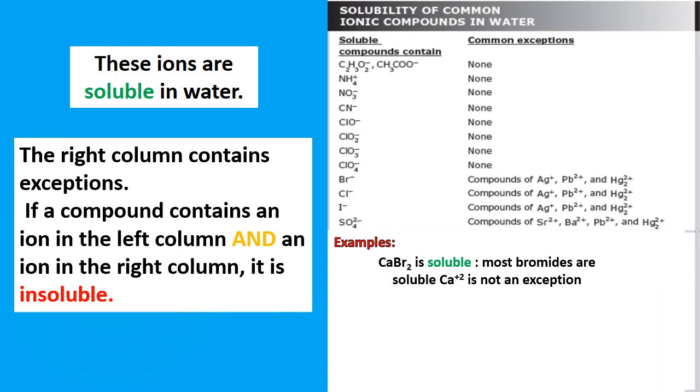Since calcium is not an exception to the rule, calcium bromide will be soluble. Lead bromide is insoluble because lead is an exception to the solubility of bromides. Bromides are normally soluble and lead is one of our exceptions here. So that makes the substance insoluble.